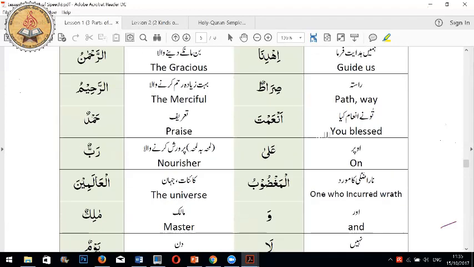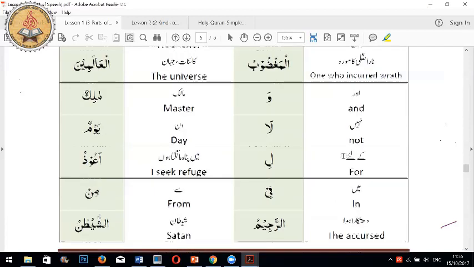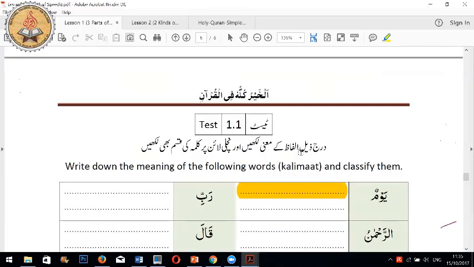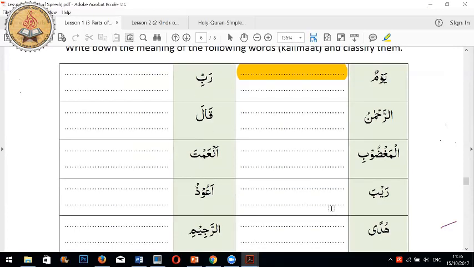An'amta: you blessed, you bless, you will bless. As soon as you can identify the concept of time, it is a fi'l; you can put that an'amta is a verb. Raiba, doubt.